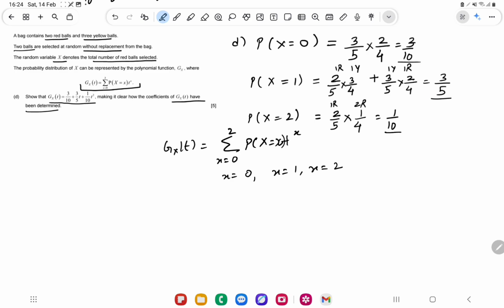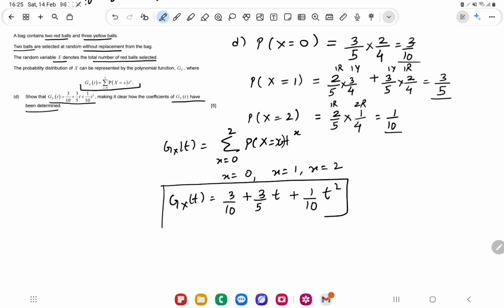And these are my results which I got above. So when I substitute these values, I will get my answer as 3 by 10, multiplied by t to the power 0, that becomes 1. So I am not writing that, into t to the power 1, plus the last answer I got as 1 by 10 t square. So this is how we will show the value.